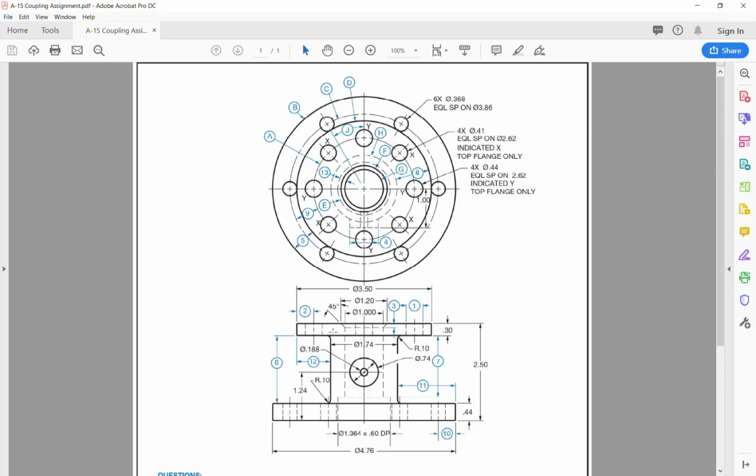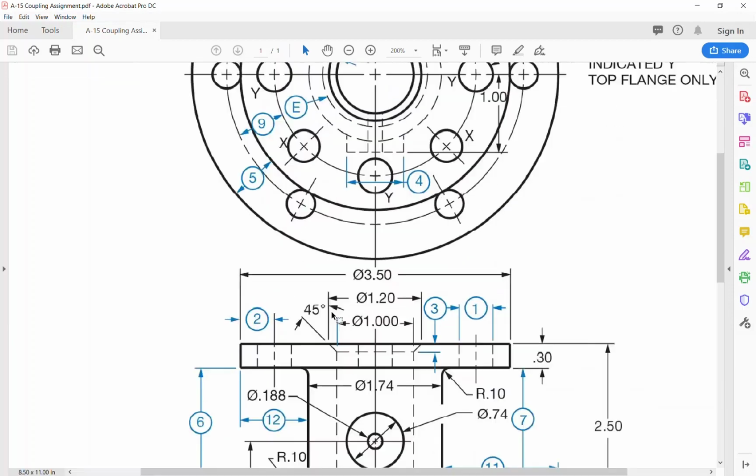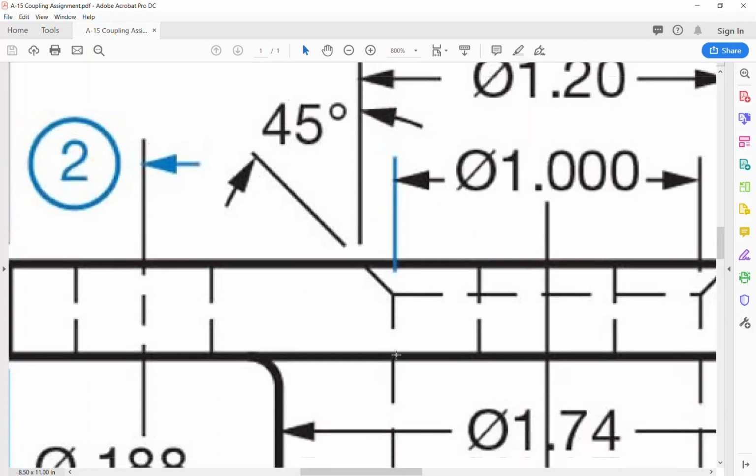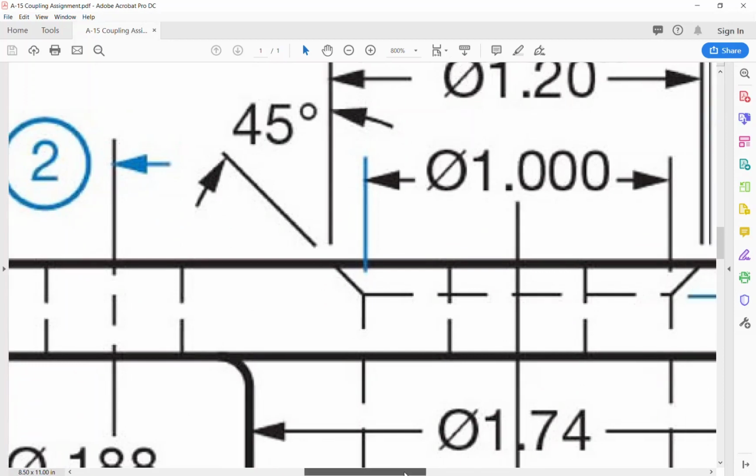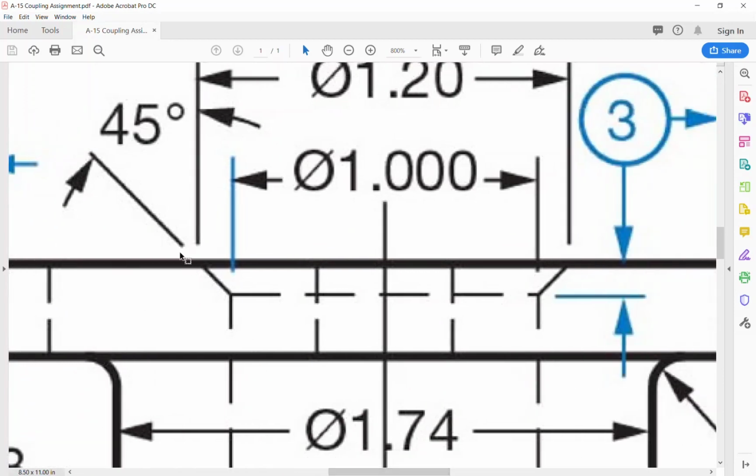So again, let me zoom this in. Let's set this up. We're in a situation where we have a chamfer that's at 45 degrees. So this is 45, this is 45, this is 90.